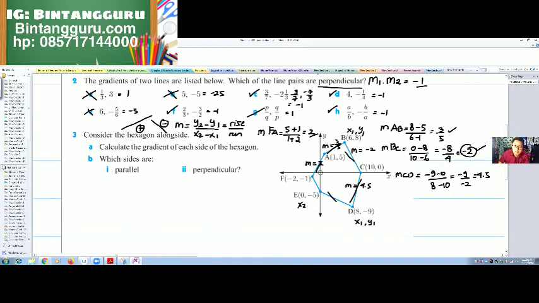So this is x2 y2. So y2 minus y1, minus 5 plus 9 over 0 minus 8. So this is 4 over minus 8, which is negative 1 over 2. So correct, this is going down.